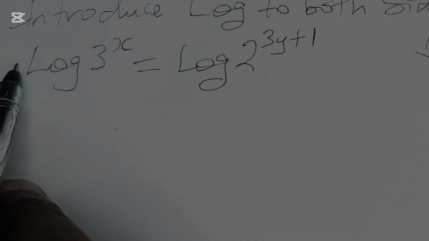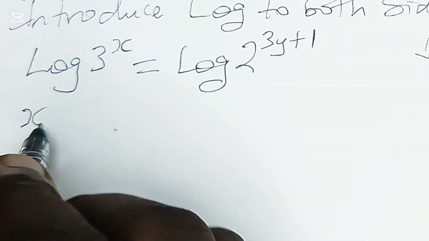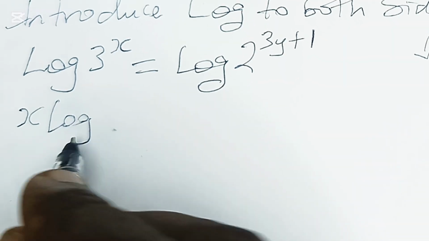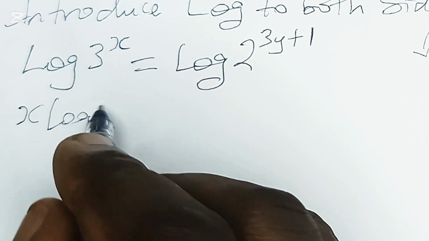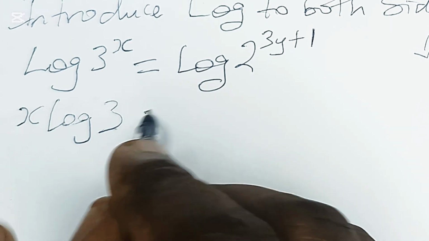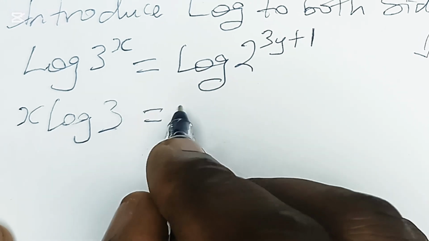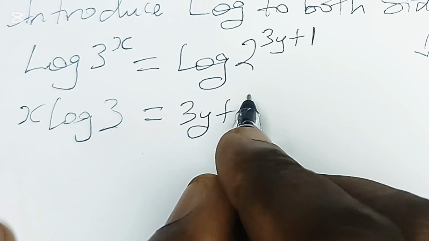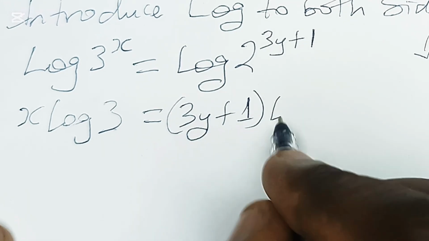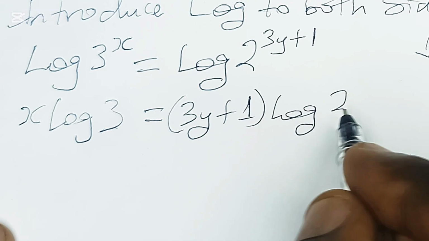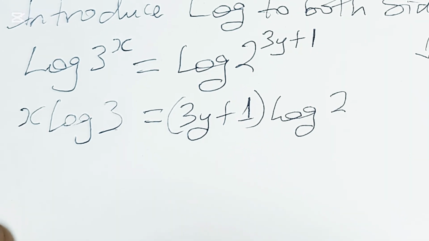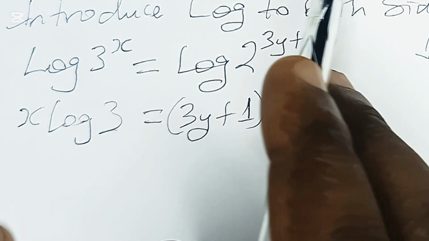It means this x comes over here, so we have x log 3 is equal to, all this comes over here, so we have 3y plus 1 times log 2.